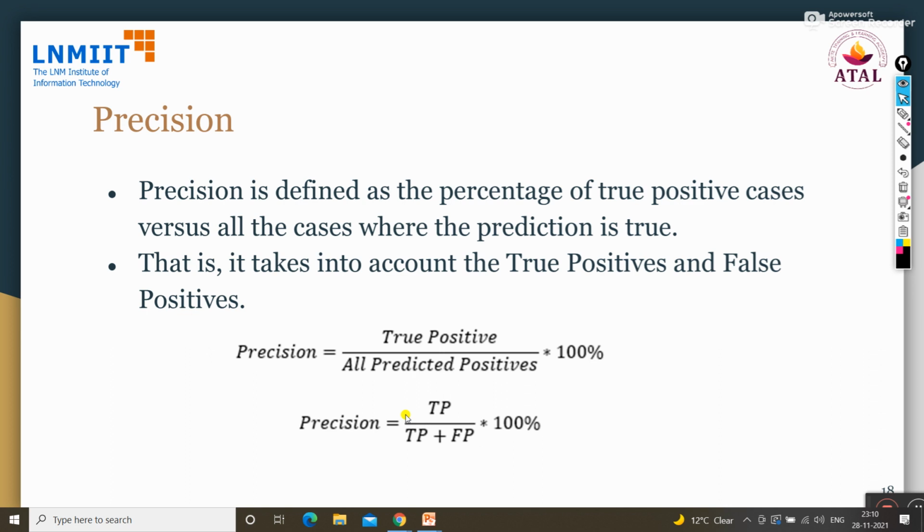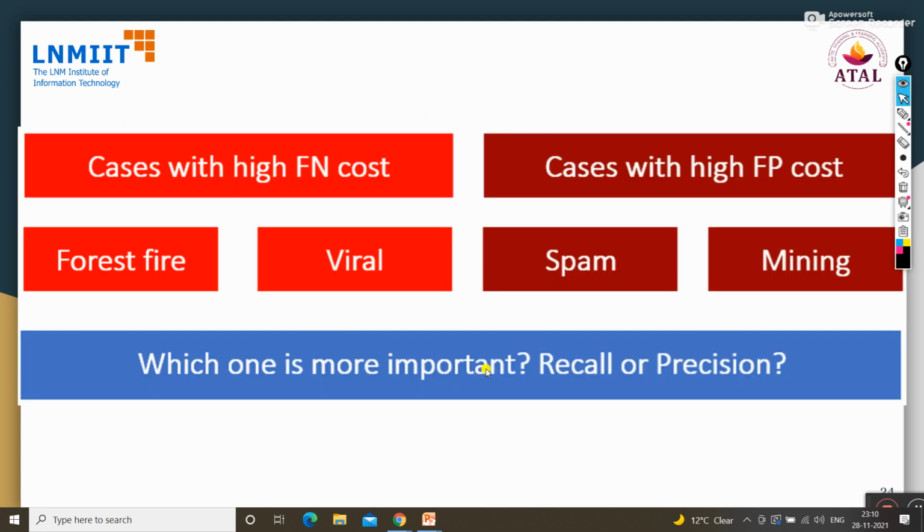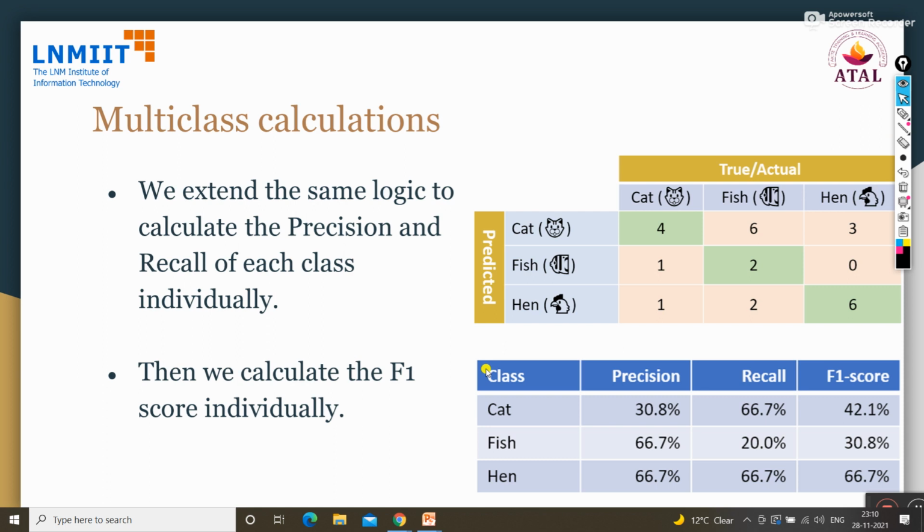Cat to cat, that's our true positive, divided by true positive, 4, plus false positive.